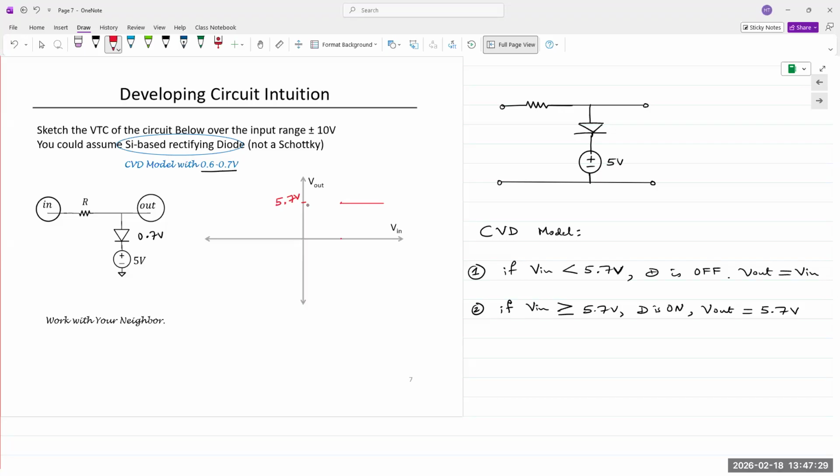That's how it is. If V in is 0, V out is 0. If V in is -1, V out is also -1. If V in is +1, V out is also +1 until V in exceeds or equals 5.7 volts. From that point on, V out is 5.7.